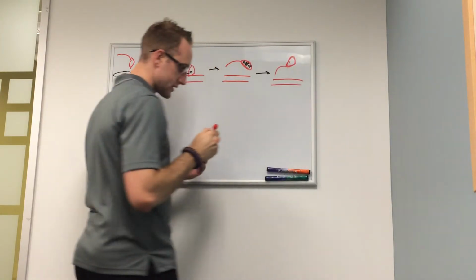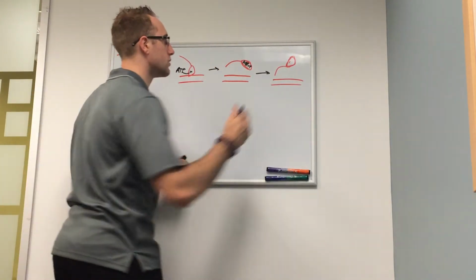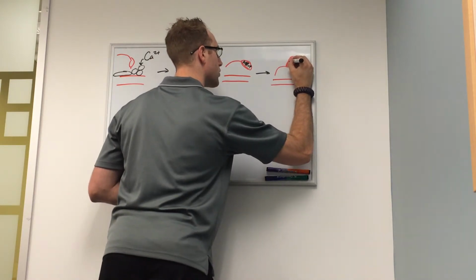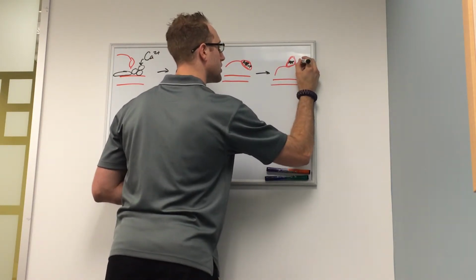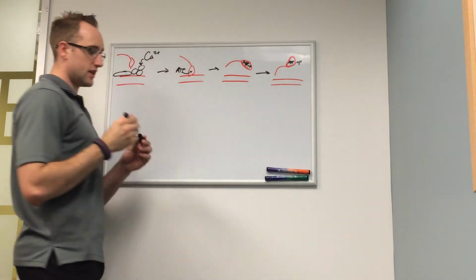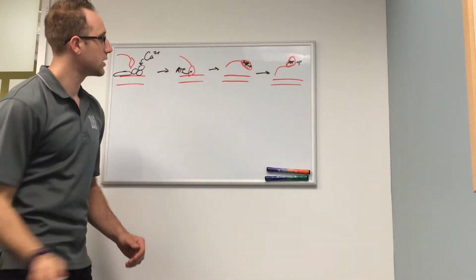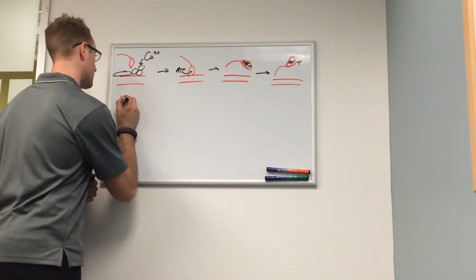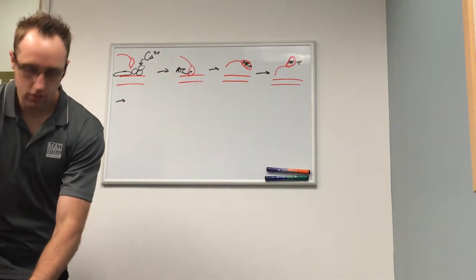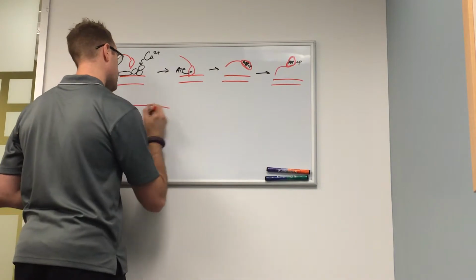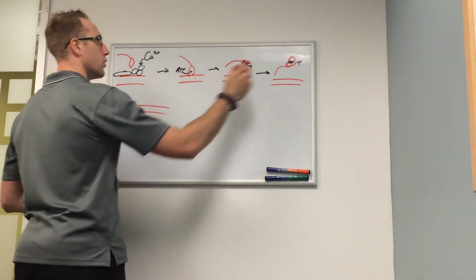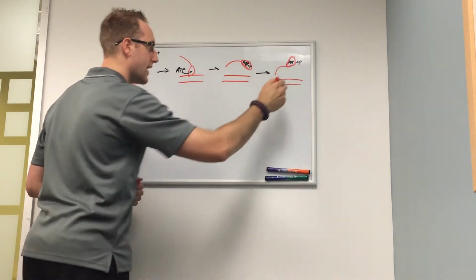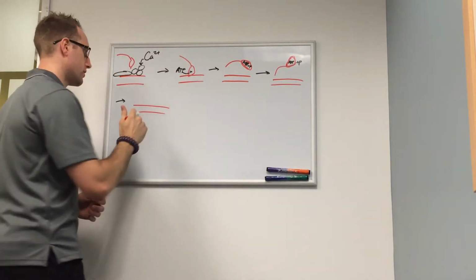When this cocking back happens, P is going to leave, all right? Again, this changes the charge distribution, which will cause the myosin head to then bind down.